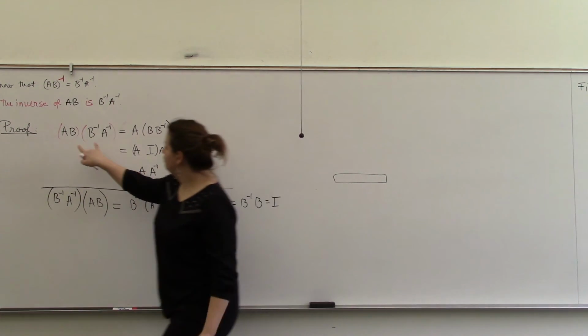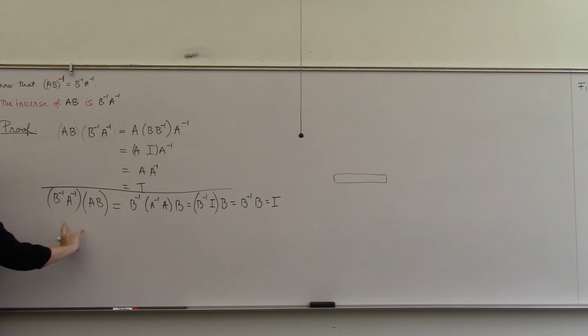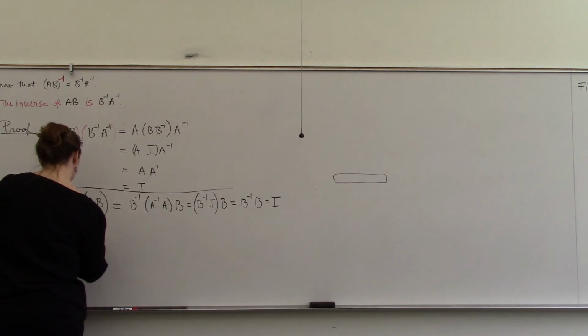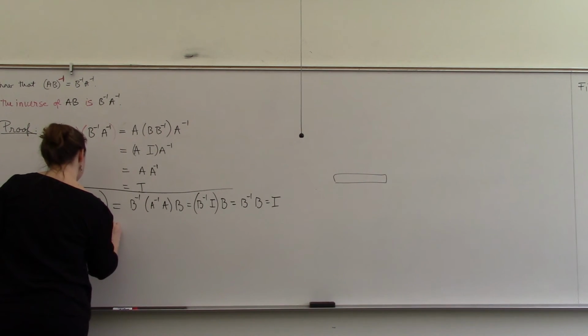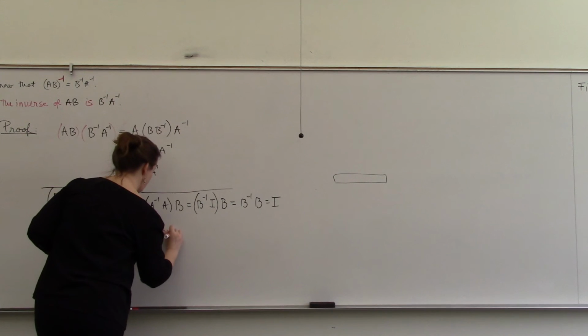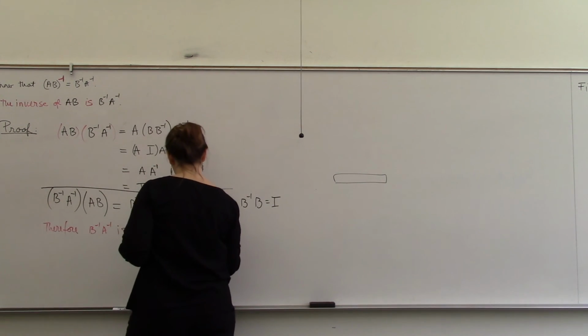So I multiplied the AB on the left, I got the identity. I multiplied AB on the right, I got the identity. So then you say, therefore, B inverse A inverse is the inverse of AB.